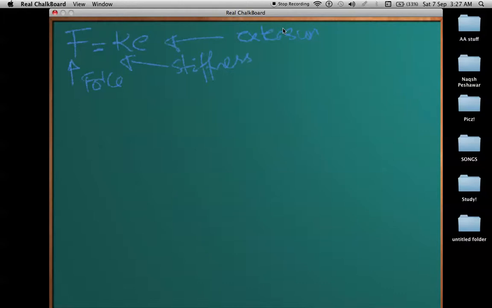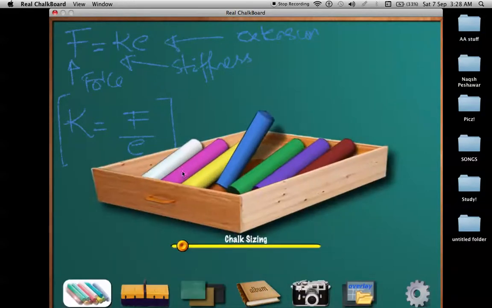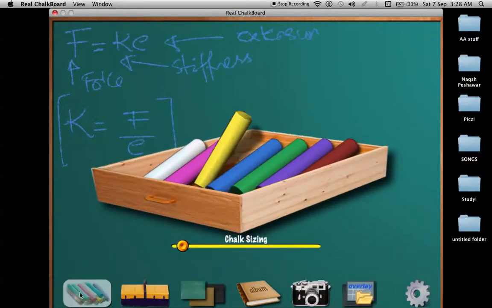Now let's see, if I just switch the formula and make K the subject, this would become K is equal to F over E. Now let's just compare the situation. I call this the stiffness of the spring.